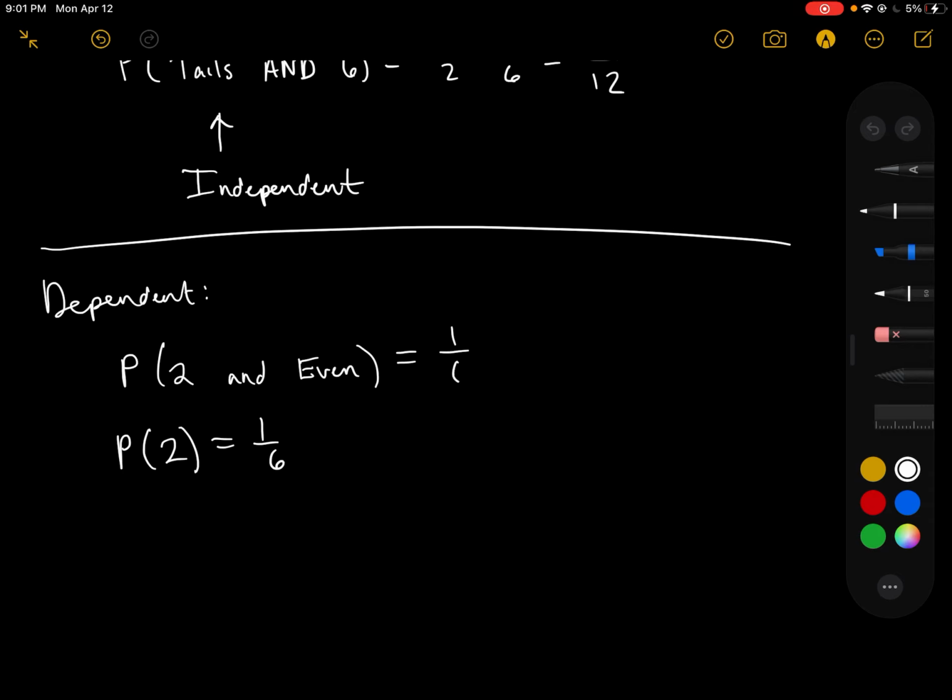In this case, we want to take a look first at the probability of rolling a 2, which is 1 out of 6. The probability that we get 2 and even at the same time is 1 out of those 6 outcomes. So the last thing is, what if we have another probability that they're asking us? The probability that we get an even number given we've rolled a 2.